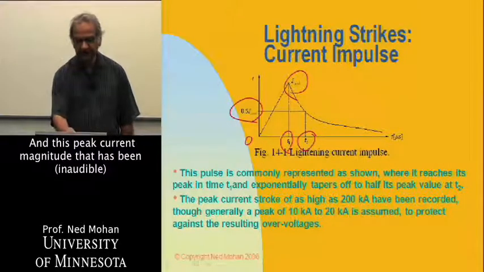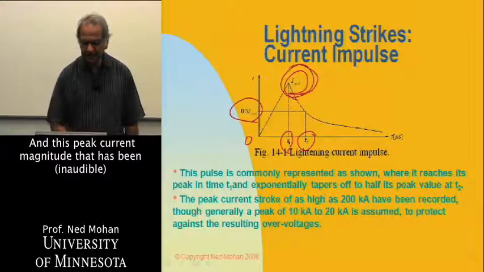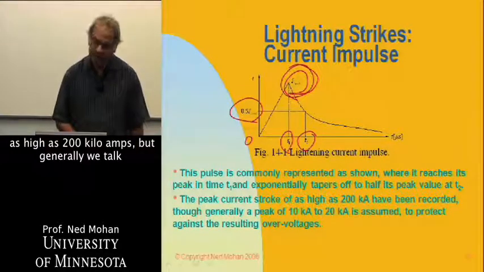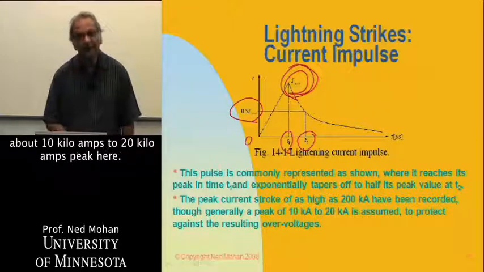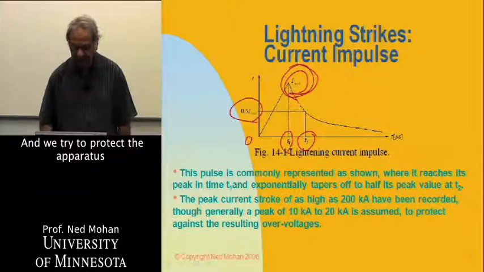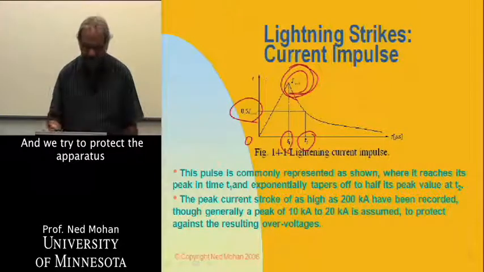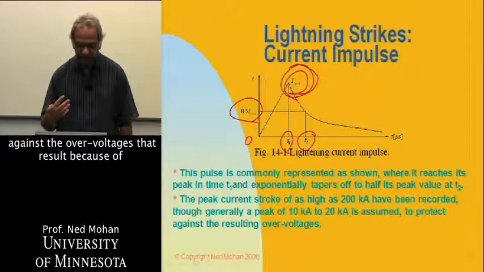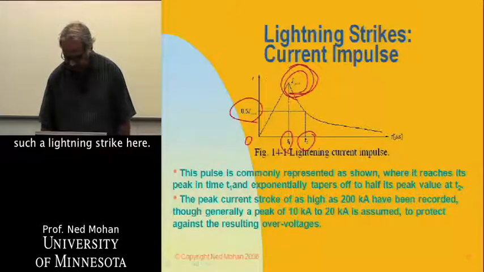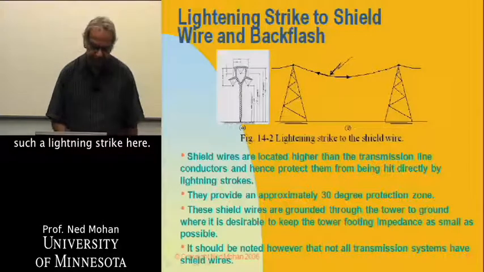And this peak current magnitude has been recorded as high as 200 kiloamps, but generally we talk about 10 kiloamps to 20 kiloamps peak here. And we try to protect the apparatus against the over voltages that result because of such a lightning strike here.